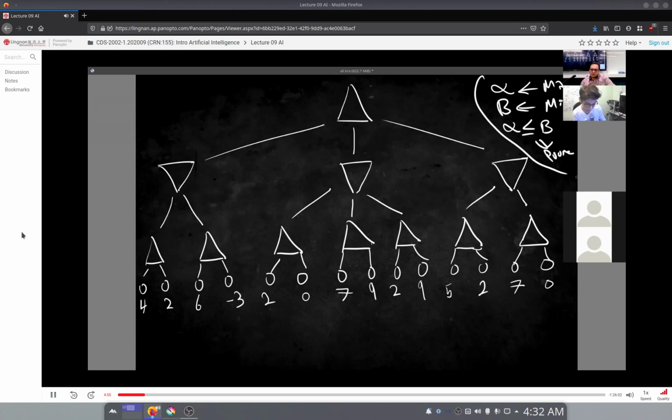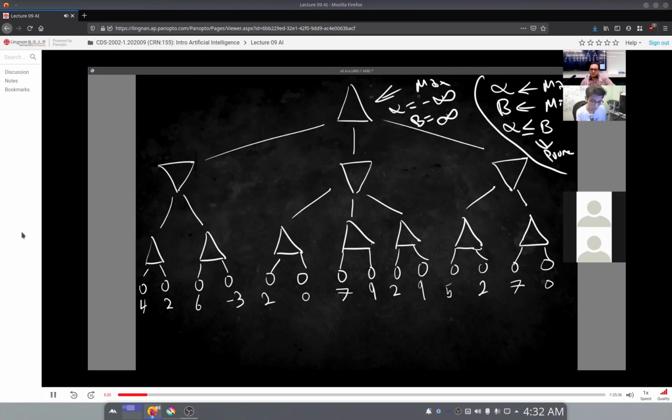So that's our rule. The first one is max. We have alpha as negative infinity, because for alpha we want the highest value, so the worst for alpha would be negative infinity. For beta, it would be infinity, because the worst for beta would be infinity.